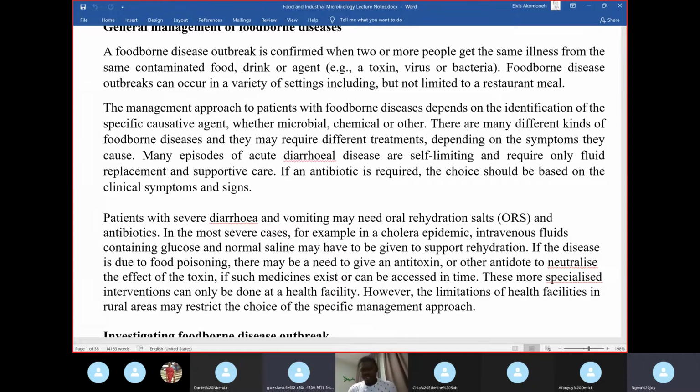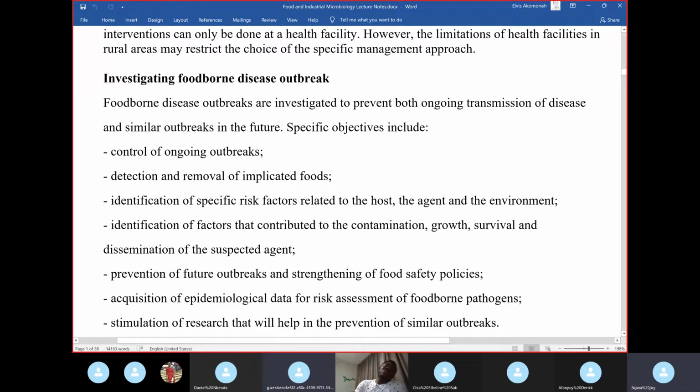But in some cases, it might get severe and you need medical attention. As indicated, medical attention will rely first on the identification of the causative agent of the symptoms so that appropriate management measures could be taken. So the main focus of today's lecture is to investigate an outbreak and report.